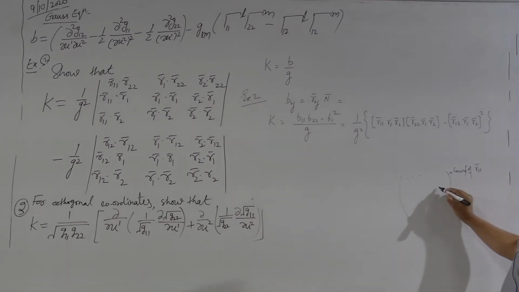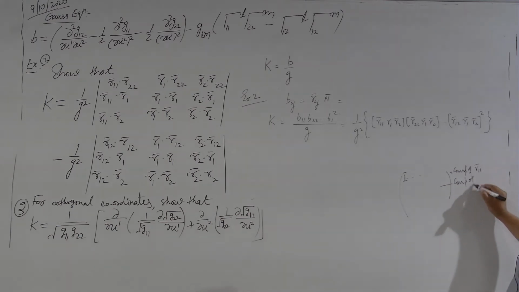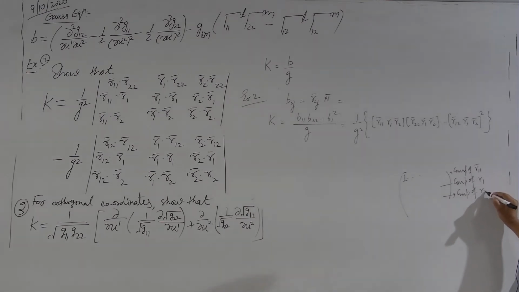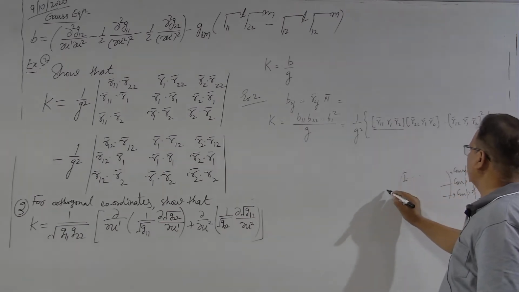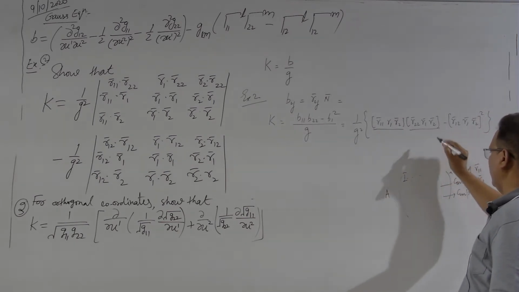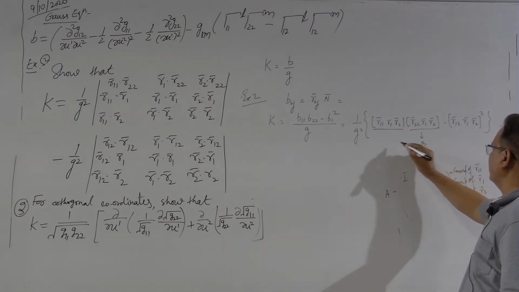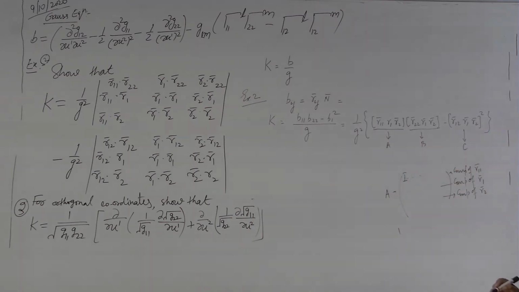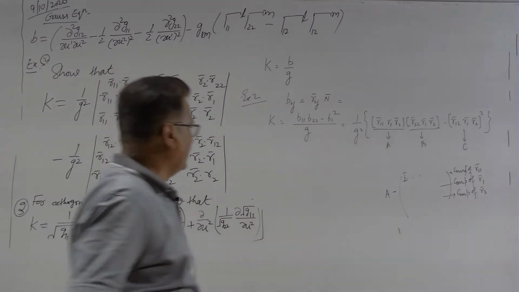If I call it A, and the second corresponding matrix B, and here the matrix involved is C, these quantities are the determinants of those matrices A, B and C.